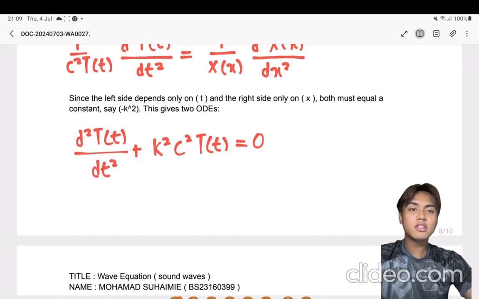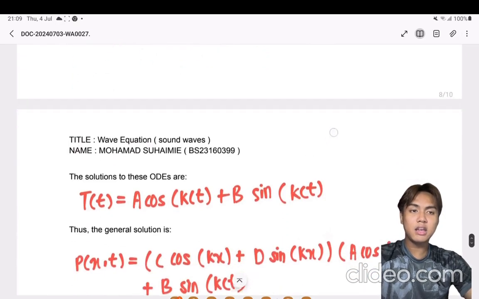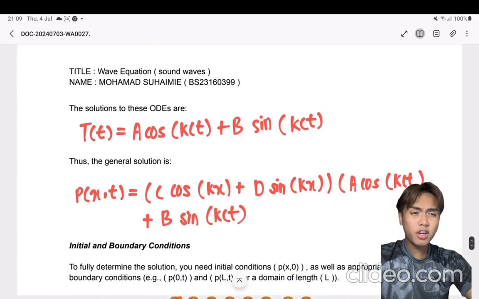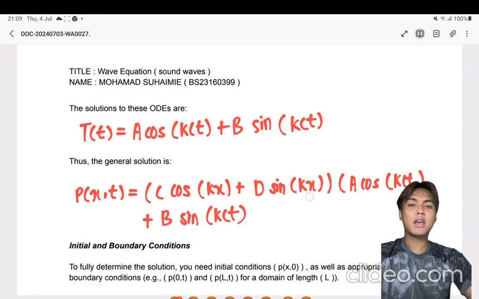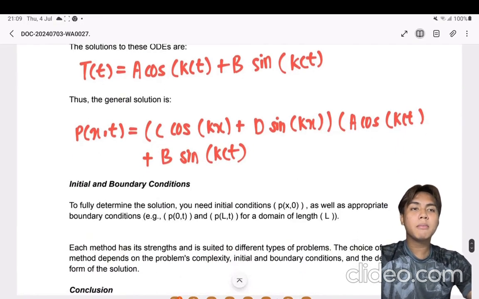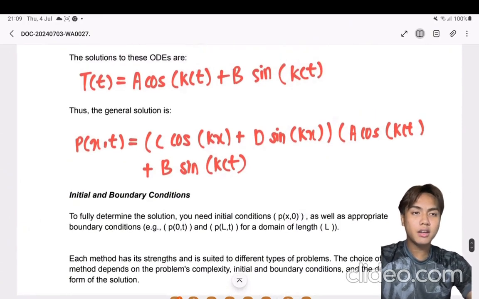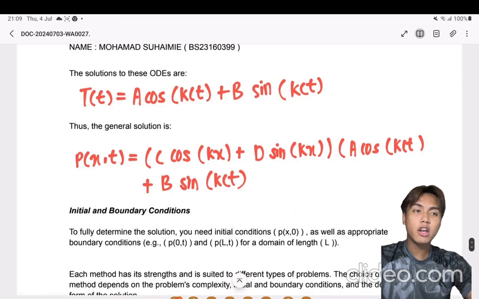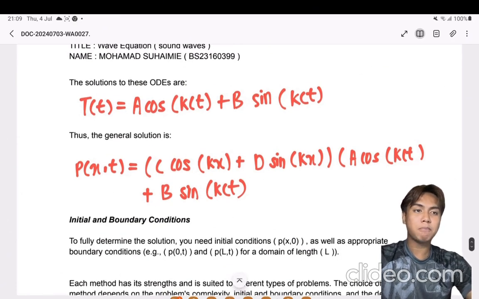Thus, the general solution is p(x,t) equals (C cos kx plus D sin kx) multiplied by (A cos kct plus B sin kct). For the initial and boundary conditions, to fully determine the solution, you need the initial condition p(x,0) as well as appropriate boundary conditions such as p(0,t) and p(L,t) for a domain of length L.